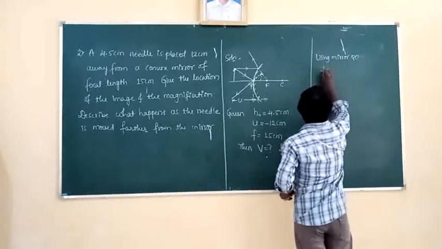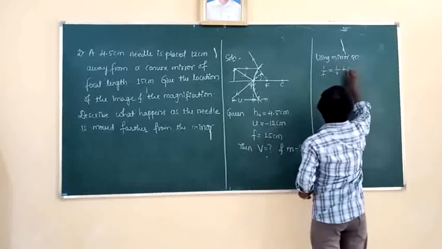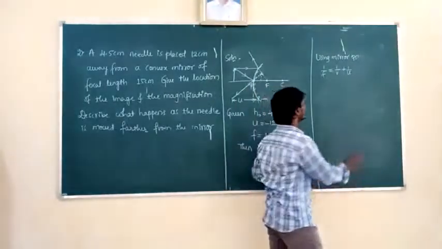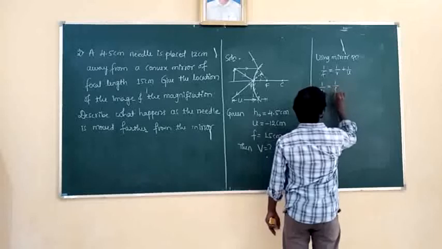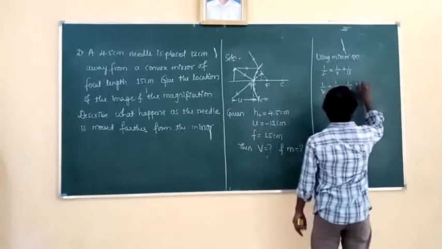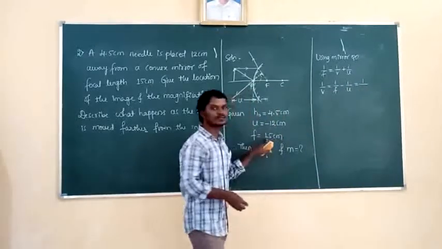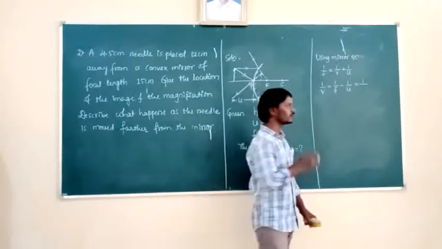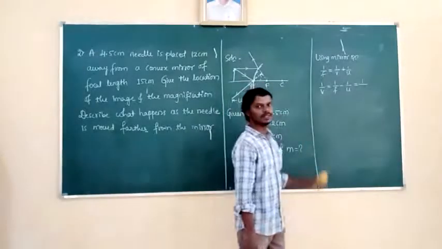1 by f is equal to 1 by v plus 1 by u. Now what do we require? v is required. Then 1 by v is equal to 1 by f minus 1 by u. Here f is given as 15 centimeter, that is plus 15 centimeter, because the focal length of the convex mirror is positive, because it is at the right side of the pole of the mirror.